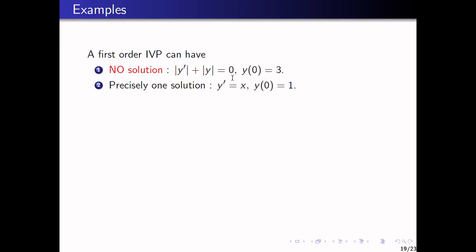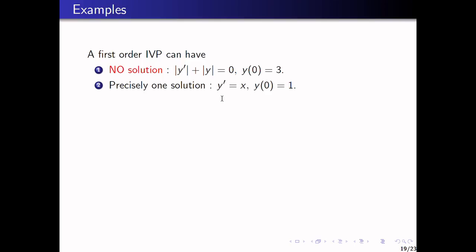Now here is an example of an initial value problem which has a unique solution. So the differential equation is very simple. y dash is equal to x, and the initial condition is y(0) is equal to 1. This has a unique solution. You can find out what the solution of this differential equation is.